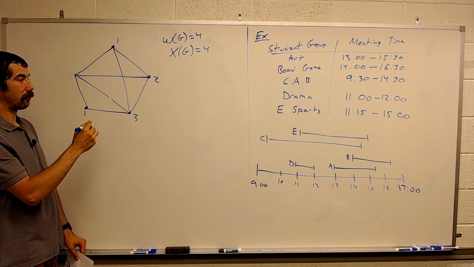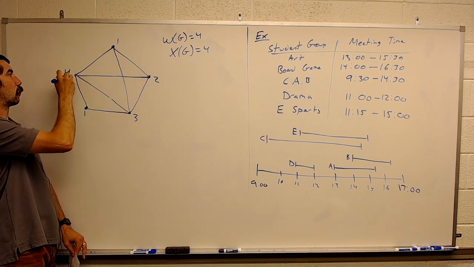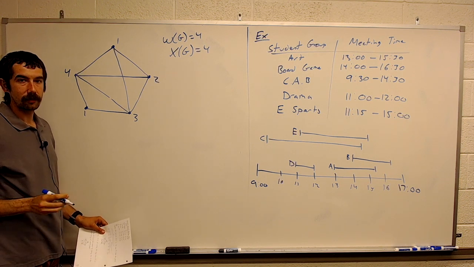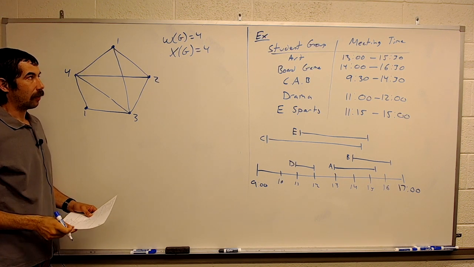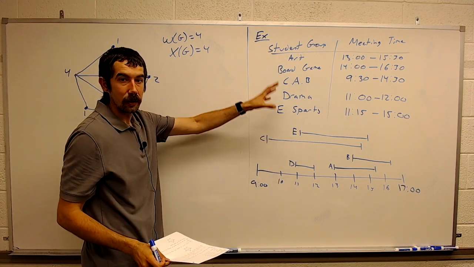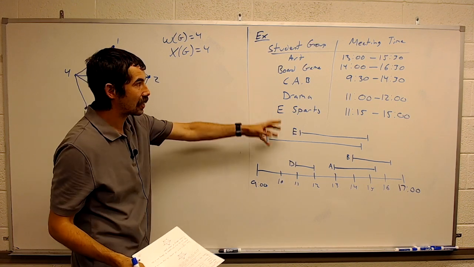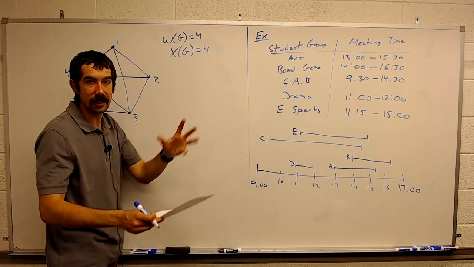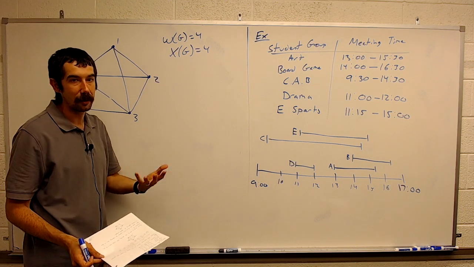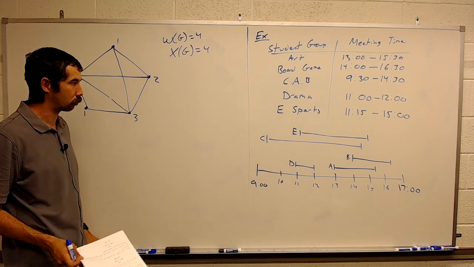All right, and then finally E is neighbors with 1, 2, and 3. It does need its 4th color. All right, so now you could imagine if we had an entire university's worth of classes that were being offered, we could do the same thing with a much bigger graph, maybe automate it with a computer to figure out how many classrooms are necessary to have the whole school run.